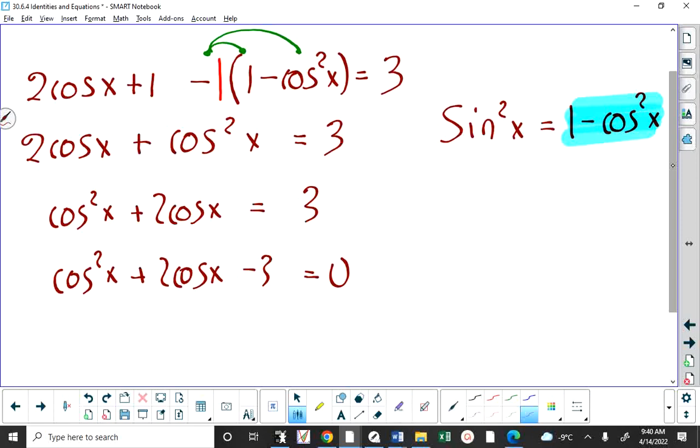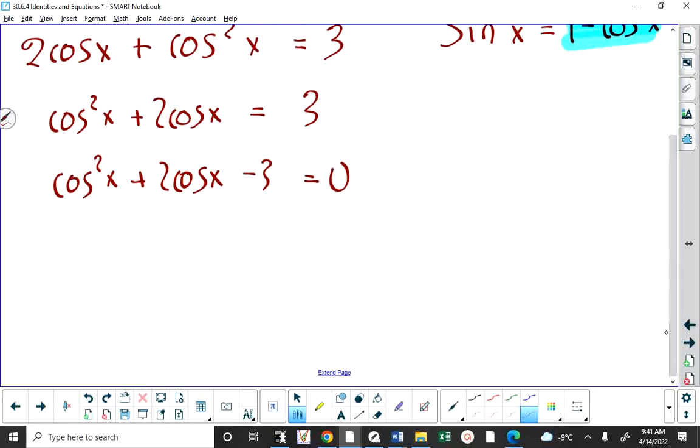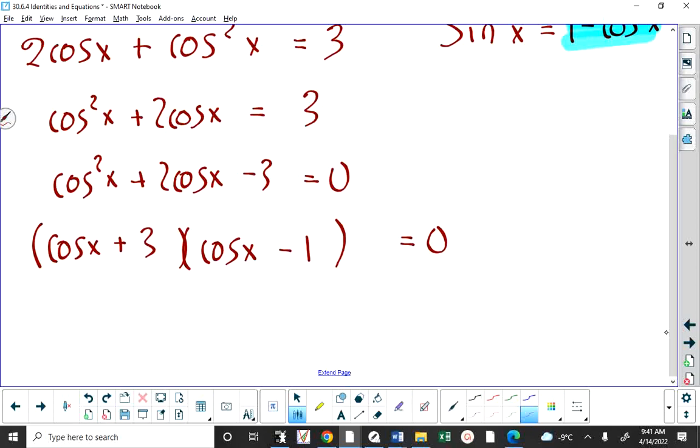It's still Math 30 because it's quadratic. But this will factor into cos x, and cos x being the leading terms of the two binomials. And what two numbers multiply to give negative 3 and add to give positive 2? Those would be the numbers. Are we in agreement on that?